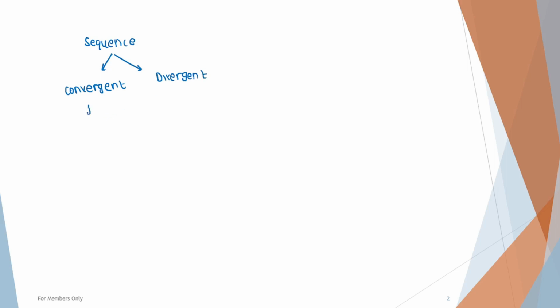Let us suppose any sequence an. If the limit as n tends to infinity of the sequence an is a finite number, then this is called a convergent sequence.